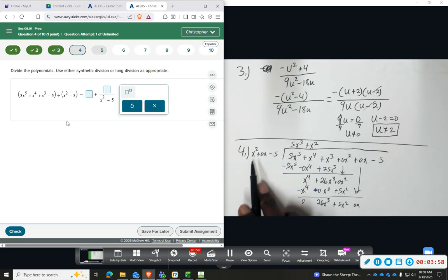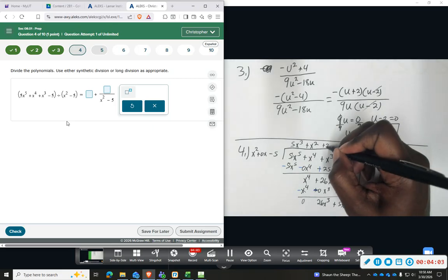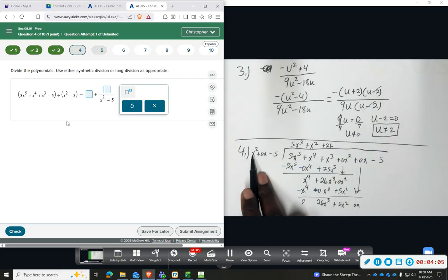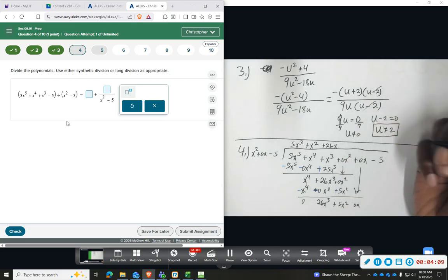And then we'll repeat. So 1 times, I need a 26 for the number. I got x squared, I need x to the 3rd, so I just need 1 more x. So just 26x will be our next term.